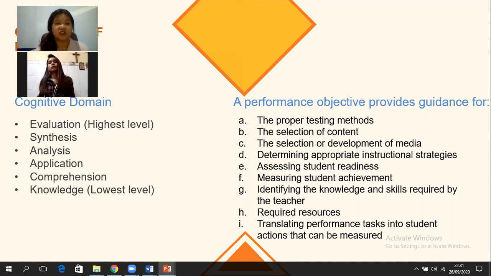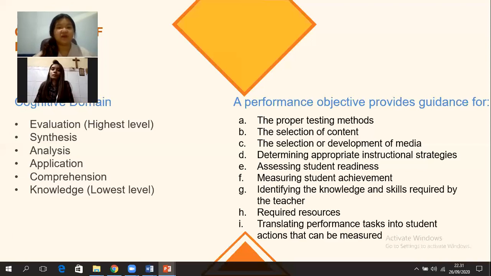The evaluation, we make it from the lowest level to the highest level. So the lowest level is knowledge. And then after knowledge, we have comprehension, application, analysis, synthesis, and then the highest level is evaluation.